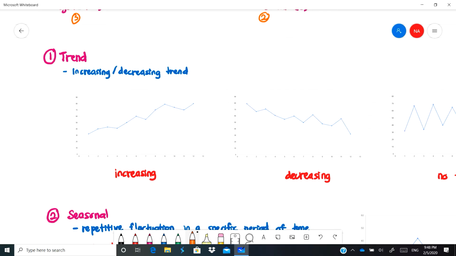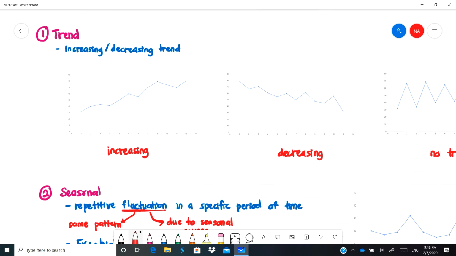The first one is the trend. The trend could be increasing or decreasing, and it is shown by the upward or downward movement of the time series data. Let's say we have these three types.